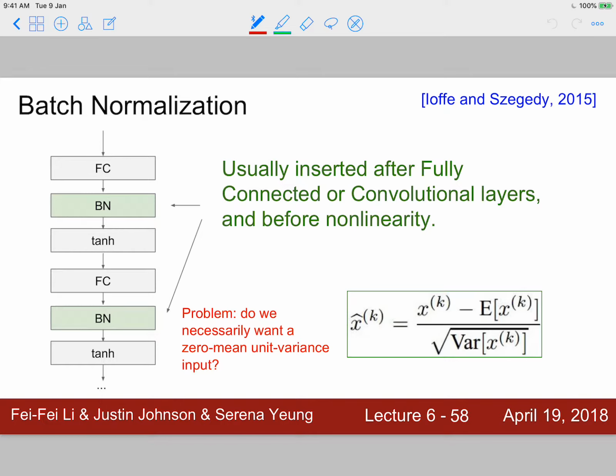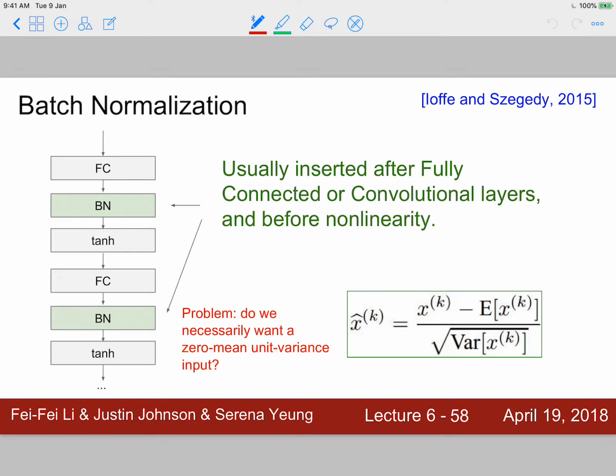But instead of doing so, why do we only use the mini batch and compute the mean and the variance from that mini batch to normalize the data?